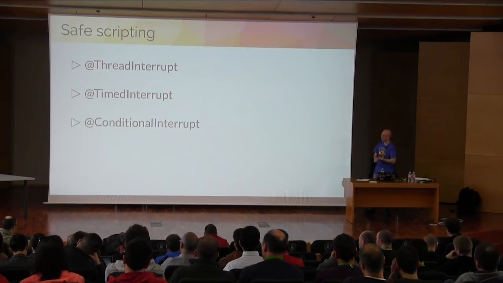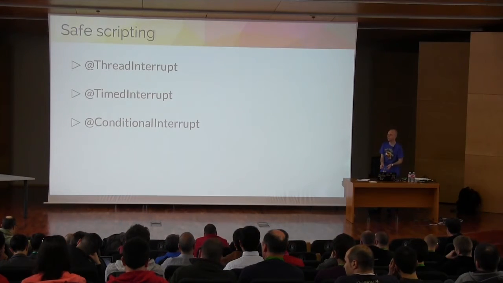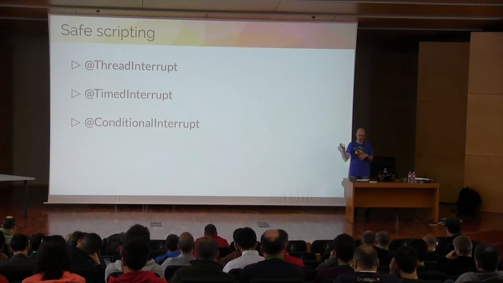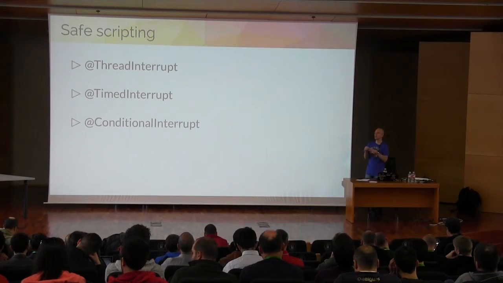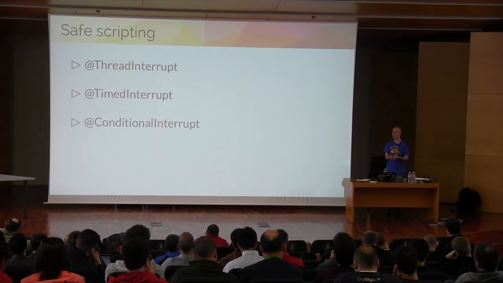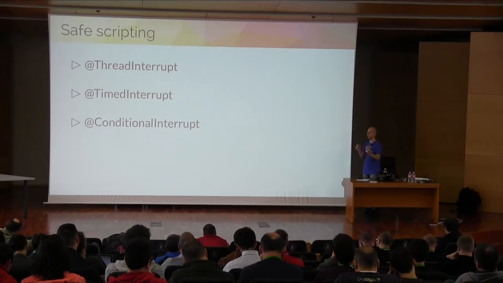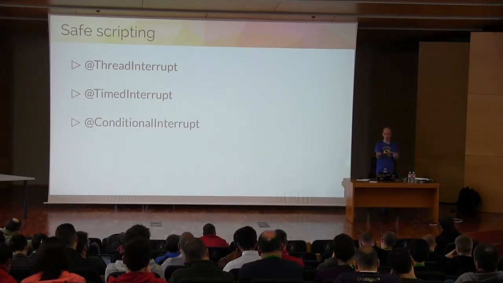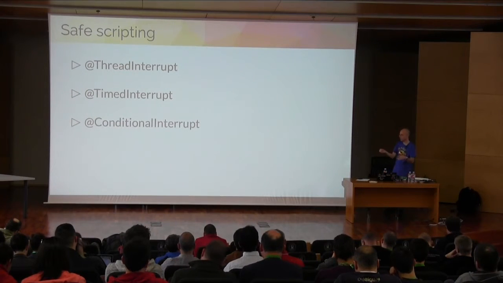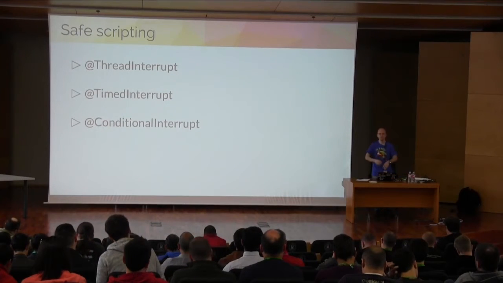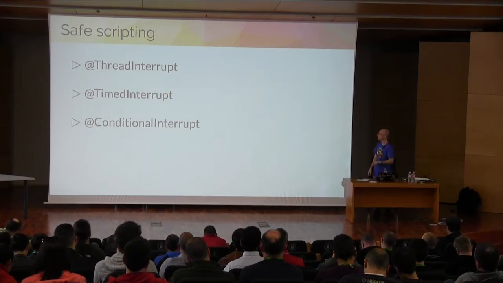You can, for example, implement a very simple resource management. Imagine that you are calling an API and you only have 10 calls per minute. You can annotate this code with ConditionalInterrupt, put your logic there, check the number of calls every minute, and once you reach the maximum, just throw an exception and send a message: you are not allowed to execute more API calls.